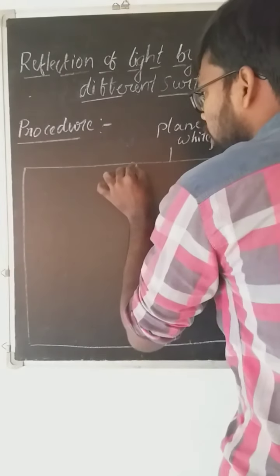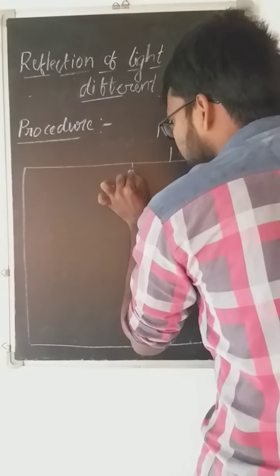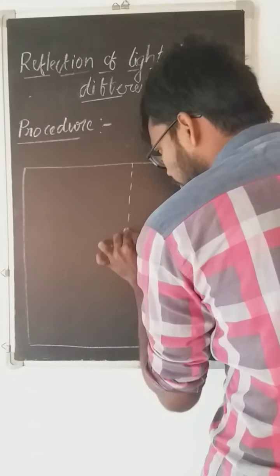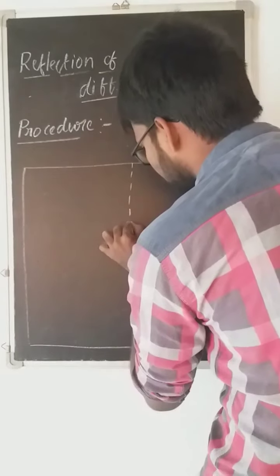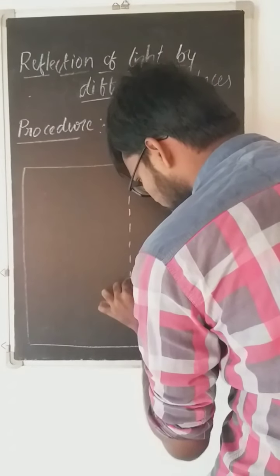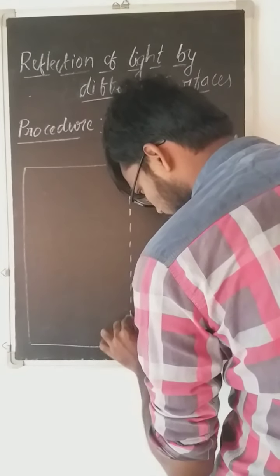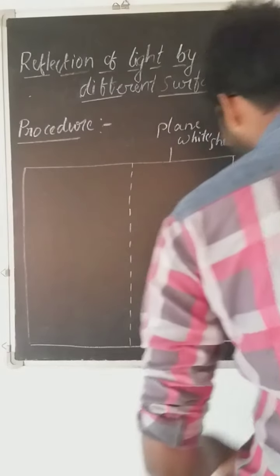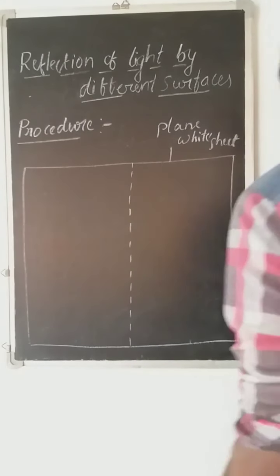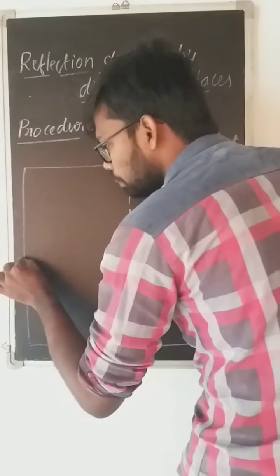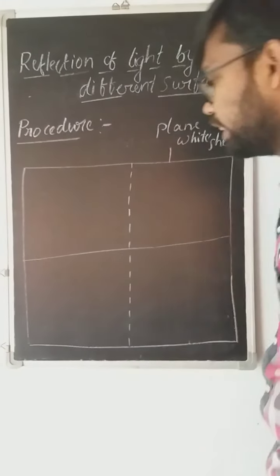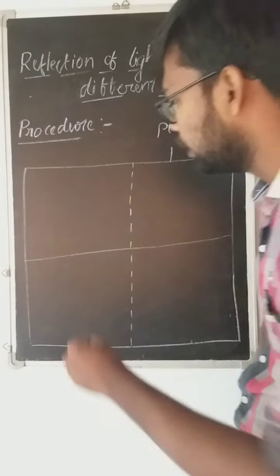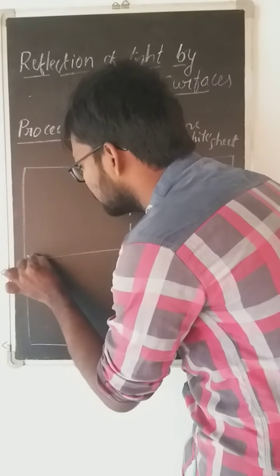Now draw a normal to the white sheet. Now place a plane mirror strip here in this position.